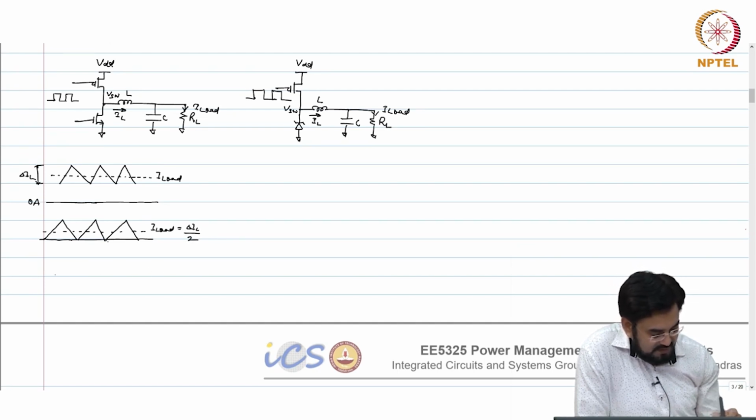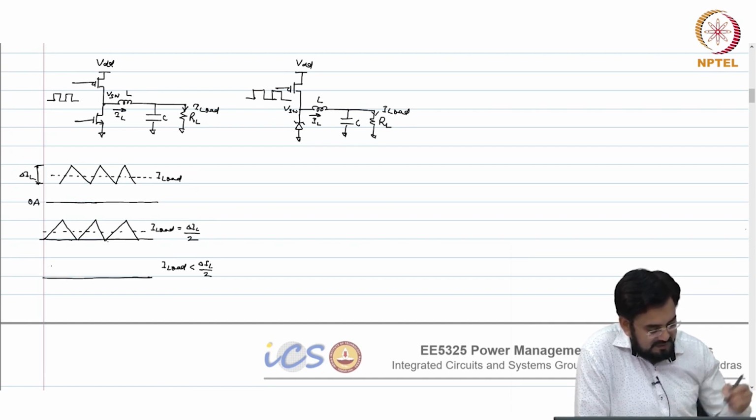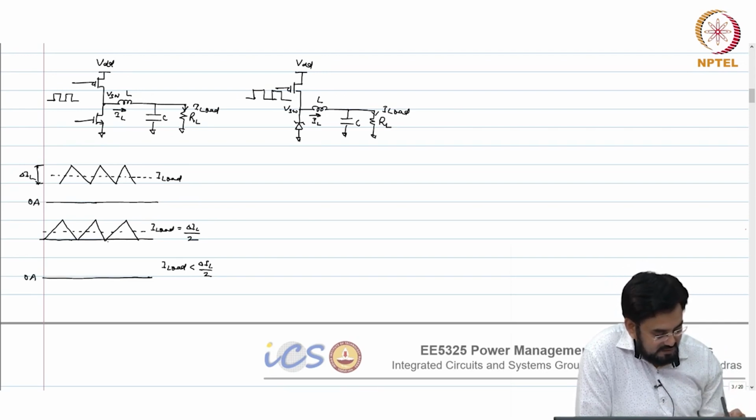Now if I load is reduced further, what would happen? Where will the valley go? It will go negative, huh? So 0 amp, it may look something like this.